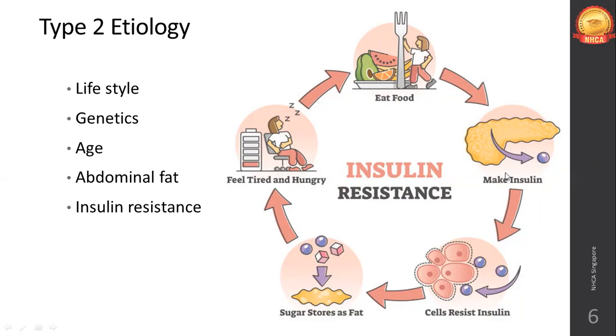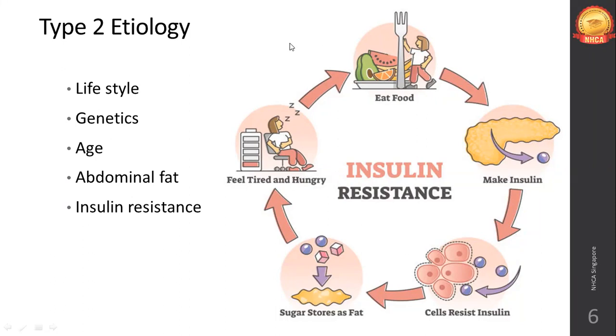So you are collecting glucose that is converted into fat in the body, and your weight is increasing. Since the cells do not have glucose for energy, you will always feel tired and hungry to eat more. So it's a vicious cycle.